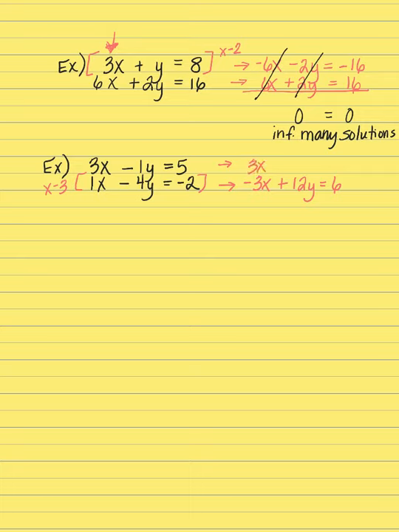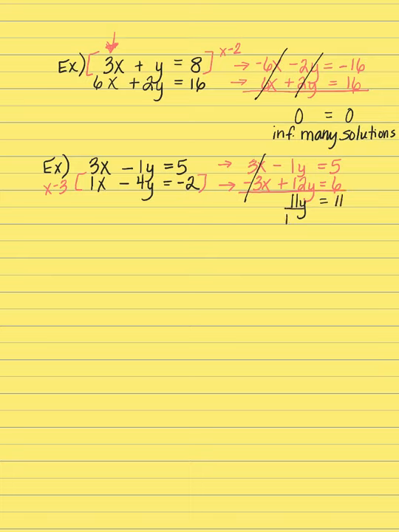I'm just going to copy it over. And so now I'm ready to add straight down. So draw your line. Adding straight down will eliminate the 3x and the -3x. -1y plus 12y is 11y, and 5 plus 6 is 11.